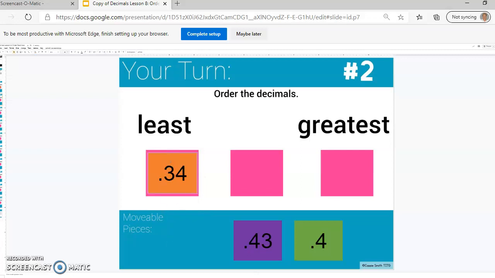So write that one first. 34 hundredths. And then these two have the same number. Remember, 4 tenths is the same as 40 hundredths. So 40 is less than 43. So this one right here is going to be my one that is in the middle.